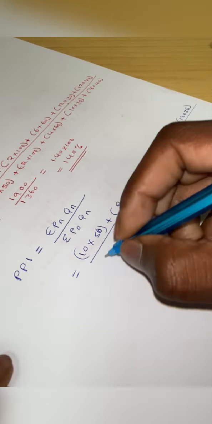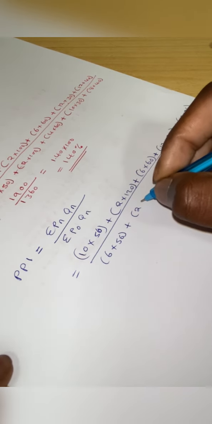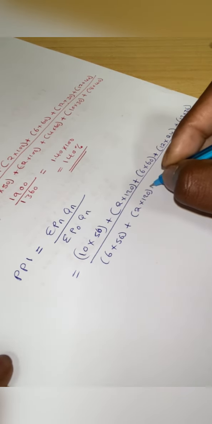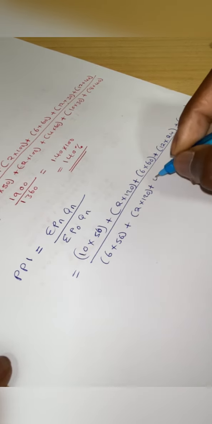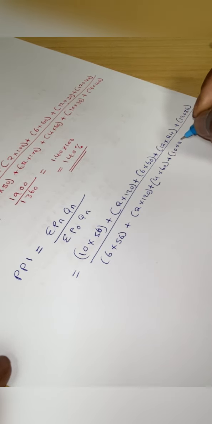Then for what is below, we do the same. So we have 6 times 56 plus 2 times 120, then plus 4 times 60, then plus 10 times 24, then plus 8 times 36.